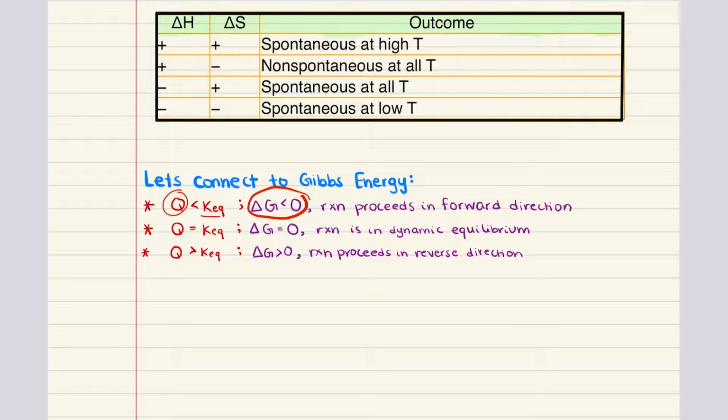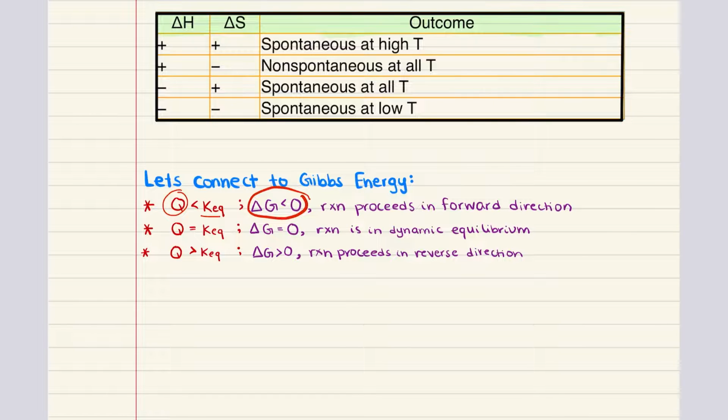And just as a reminder, the equilibrium constant represents the ratio of the concentration of products to reactants at equilibrium, and the reaction quotient is the ratio of the concentration of products to reactants at any point in time during the reaction. So again, when delta G is less than 0 and it is spontaneous in the forward direction, Q, the reaction quotient, is less than the equilibrium constant.